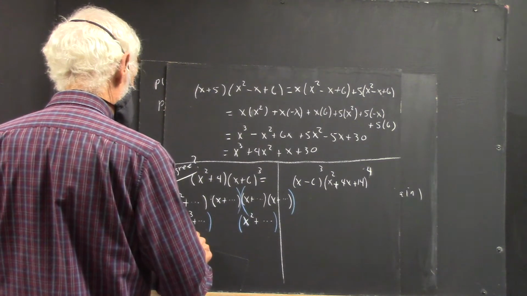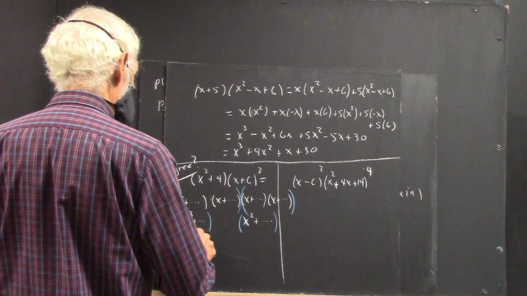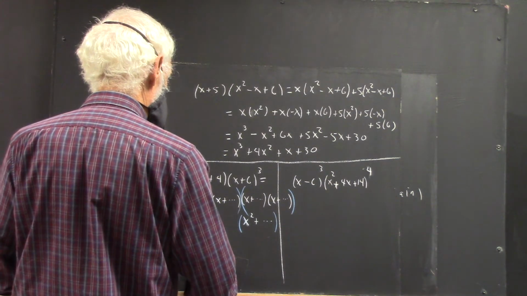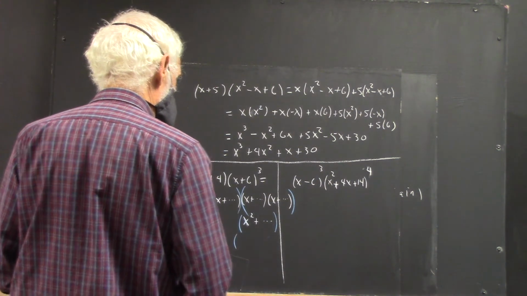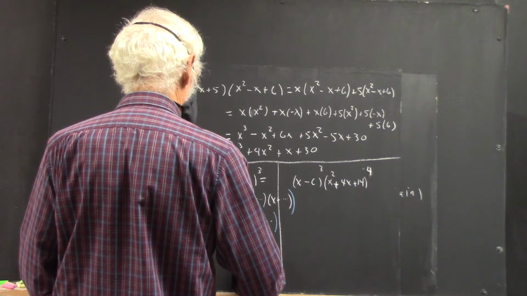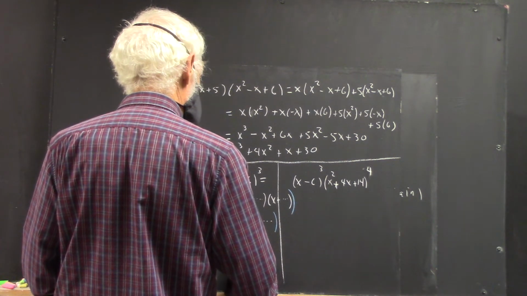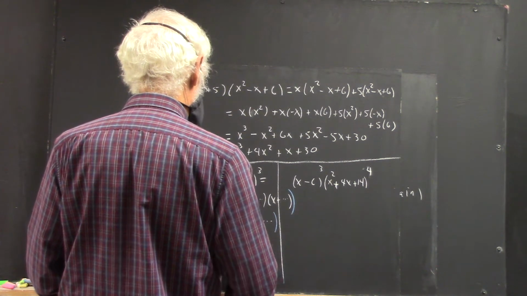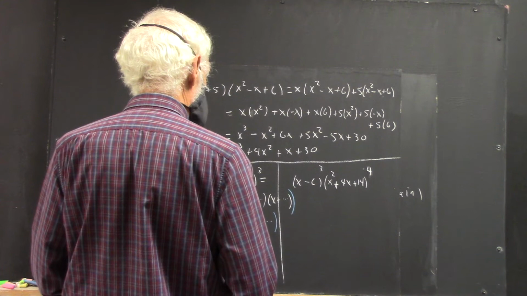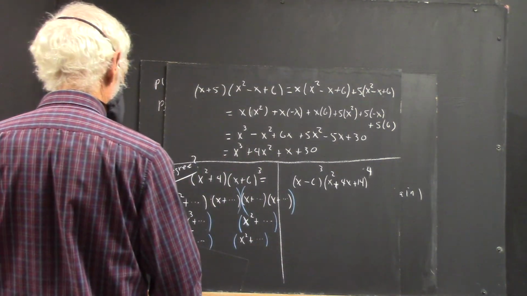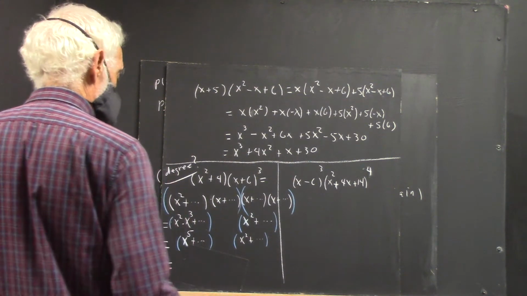I can't do color-coded, can I? Well, I try, but x to the fifth plus a bunch of other stuff times x squared. It's yeah, times a bunch of other stuff. Which equals what?